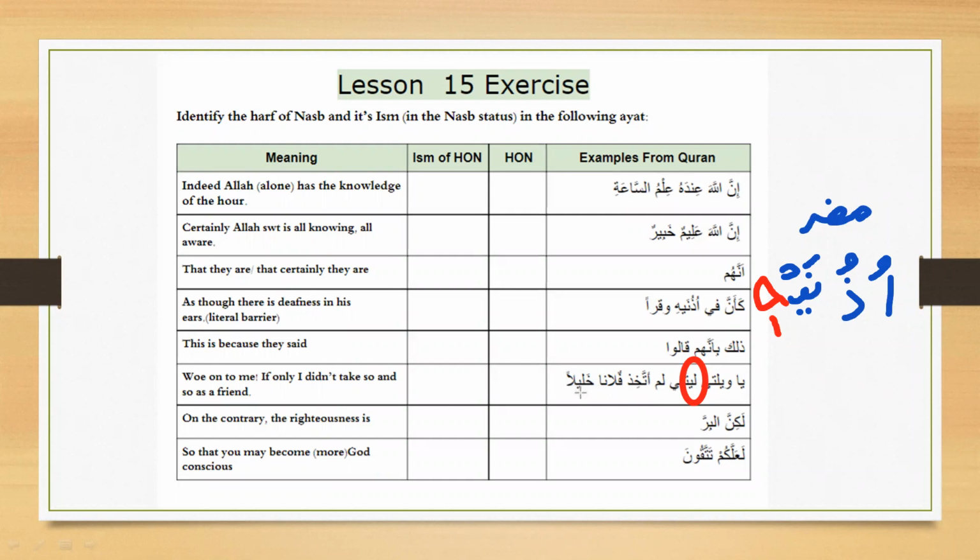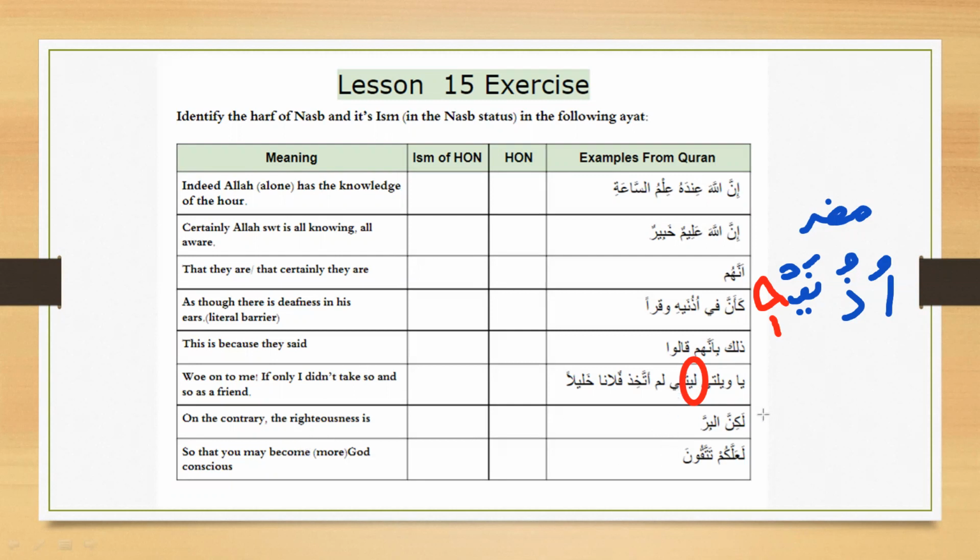Khalilan is also nasb in status, but ni is an attached pronoun, and it is coming just after laita, and there's no harf of jar in between. Because an attached pronoun can be nasb, it can be jar. So it is nasb because it is just coming after laita. So ni is the ismu laita here.